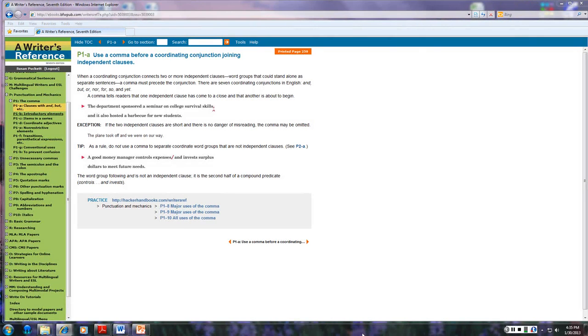If your paper was marked with P1A, that indicates that there should have been a comma there based on this rule. If your paper was marked P2A, that meant you should not have had a comma there based on this rule because they are coordinating elements but not independent clauses.